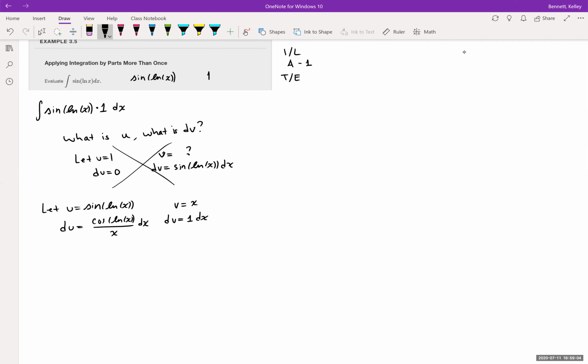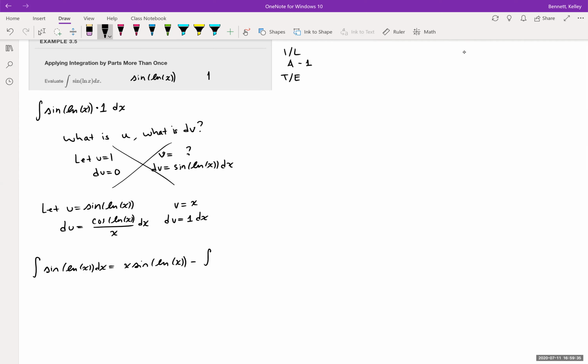So now I'm ready to go ahead and integrate. So, okay, here we are. So the integral of sine ln x dx equals uv, so x sine ln x, minus the integral of v du. So what's cool about this is notice that when I multiply v by du, the x's are going to cancel out.